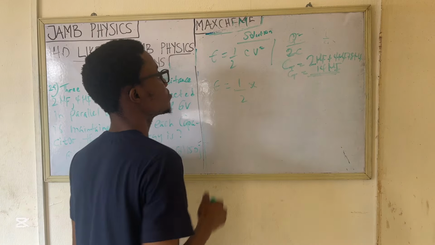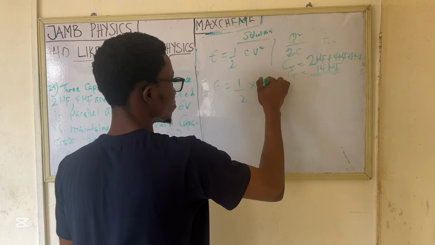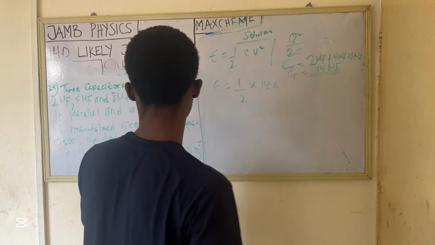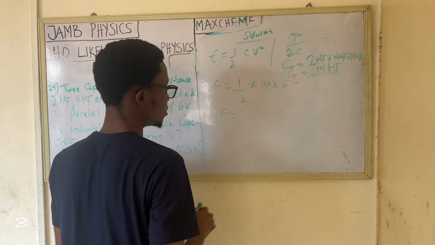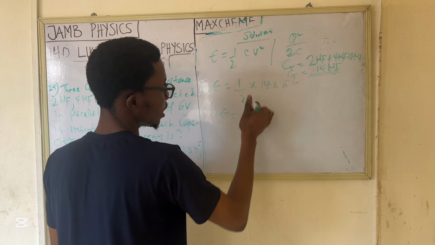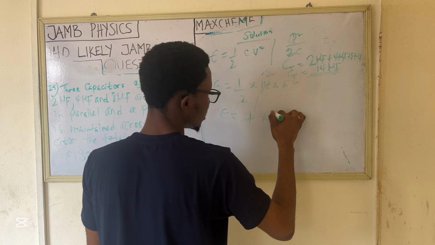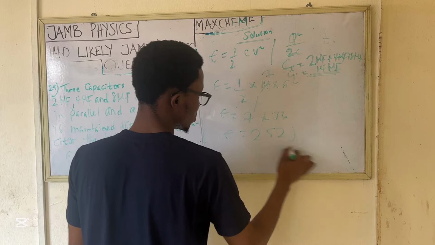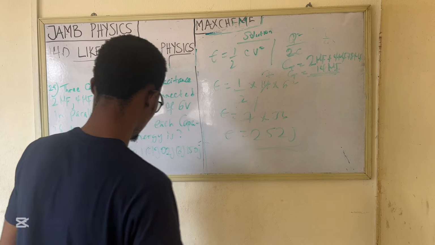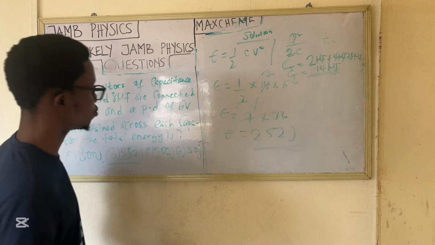And now, what is the total capacitance? We have 14 times, what is our V? 6, so 6 squared. So we now have E, which is energy, 1 over 2 times 14, that's 7, so we now have 7 times 36, that's 252 joules in this case. So the correct option here is option B, 252 joules.